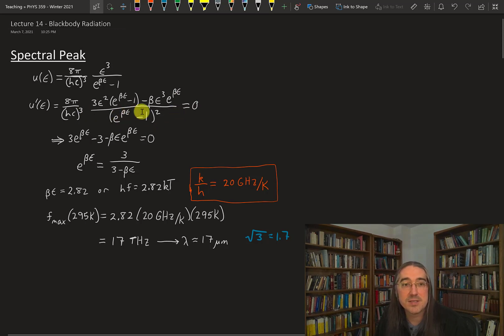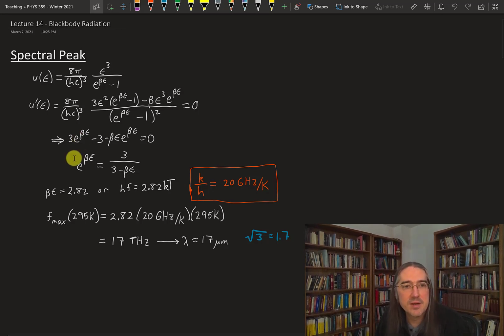The whole thing squared doesn't do anything, because when we set it equal to 0, all that matters is the numerator. So here we go, set it up and divide by e squared, because we're going to assume that the peak is not at e equals 0. In fact, if you remember the sketch, the power spectral density goes to 0 as e goes to 0, which probably makes sense, so that's going to be a minimum.